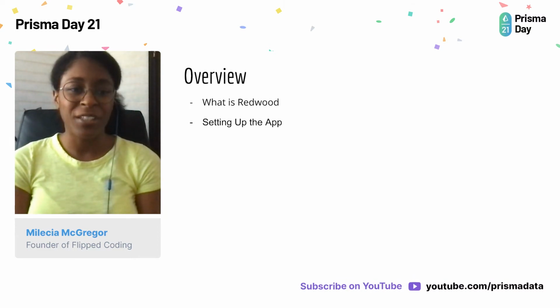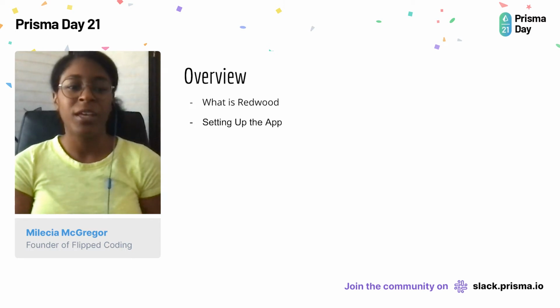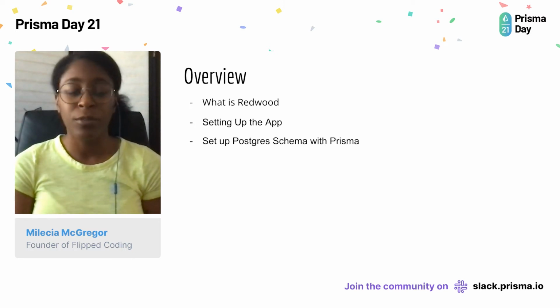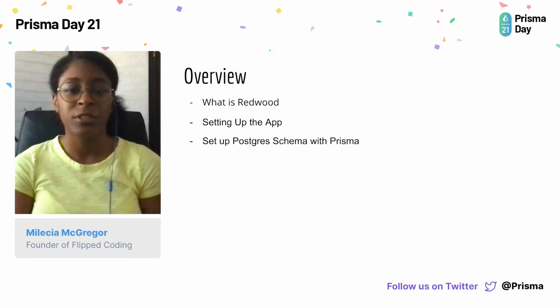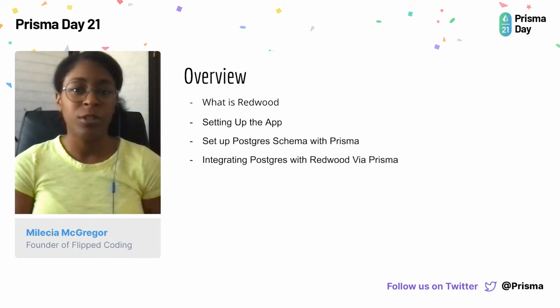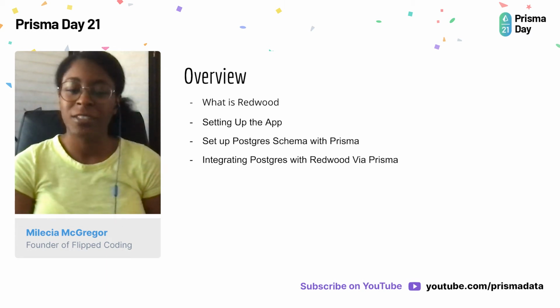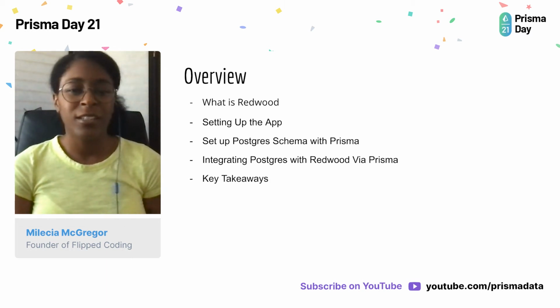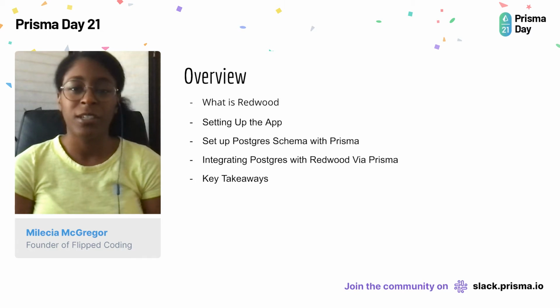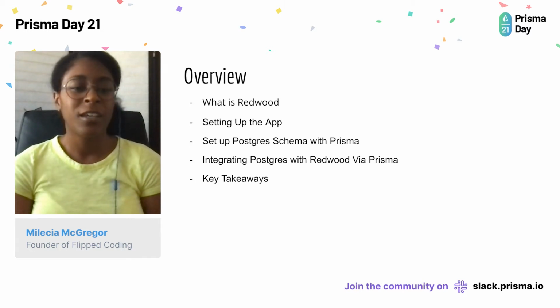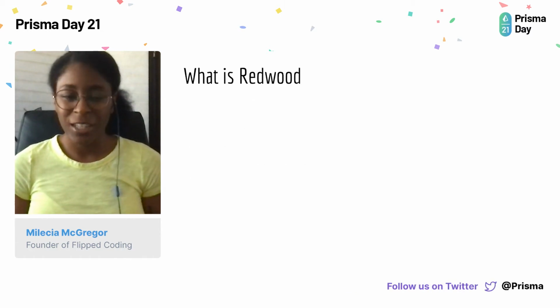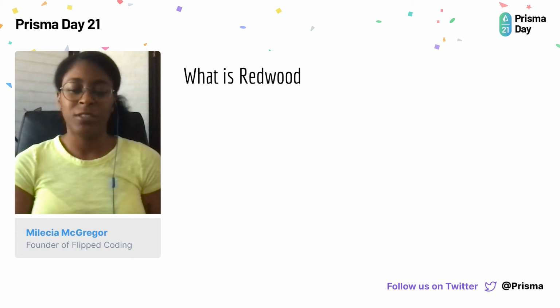So we'll jump into the code and set up the app. Then we'll set up our Postgres schema with Prisma. And finally, we'll make our front end and back end integrate with this database. And at the end, I have a few points that I hope you take away from today. With that being said, let's start talking about what Redwood is.